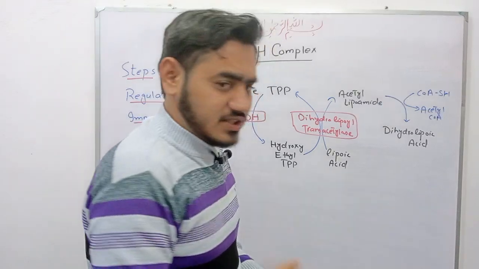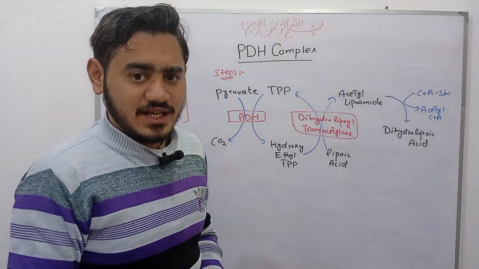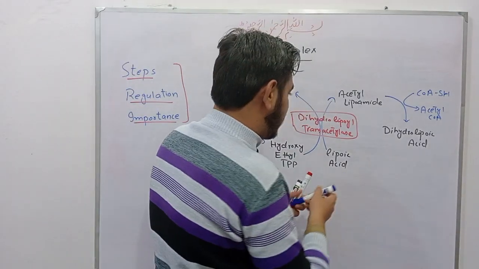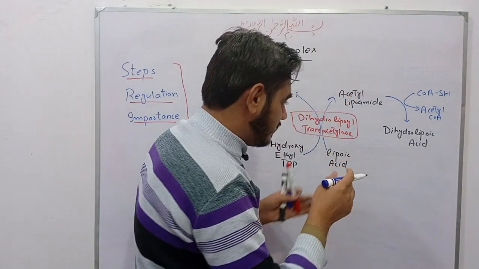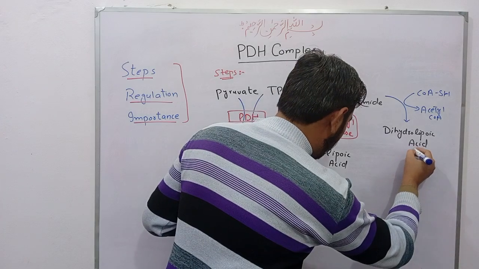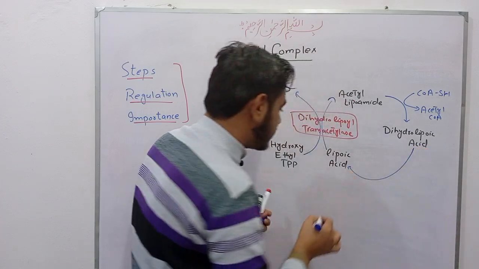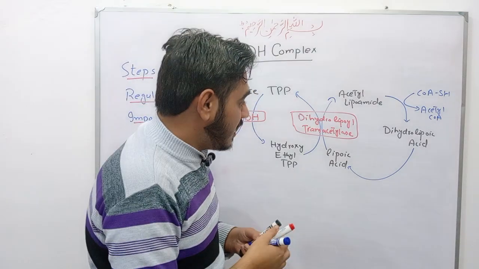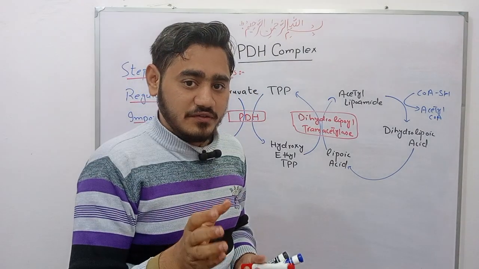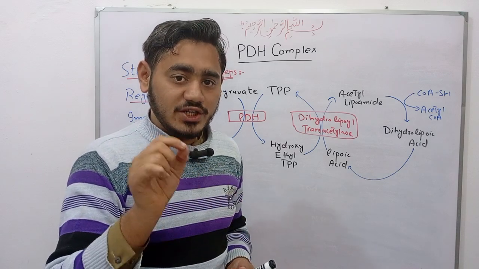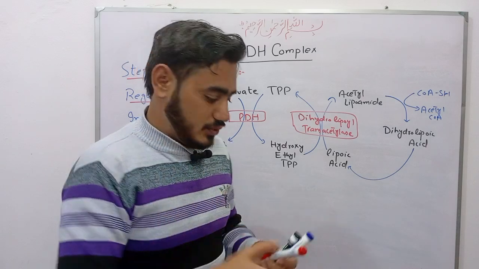In the next reaction, the third enzyme is used, that is dihydrolipoyl dehydrogenase. With this enzyme, there is a regeneration of lipoic acid in its oxidized form, and FAD, flavin adenine dinucleotide, gets regenerated by nicotinamide adenine dinucleotide.